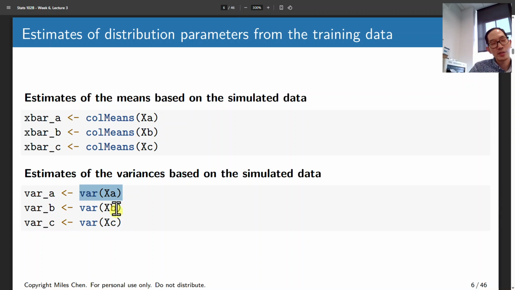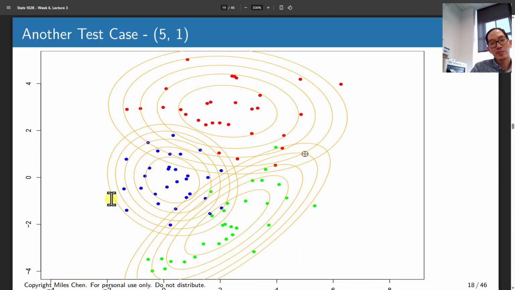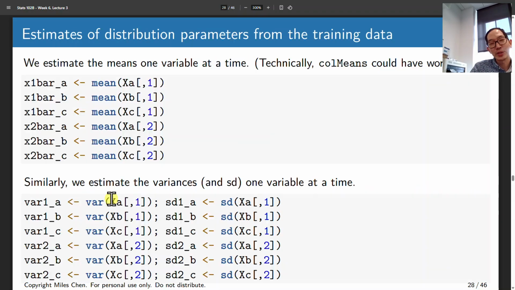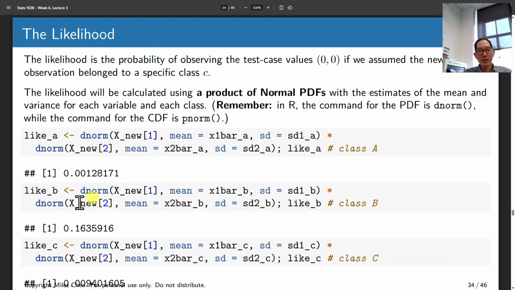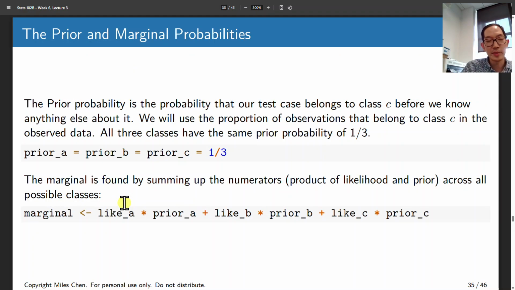So it's, I guess, 3 unique terms being estimated here, and over here, for class A, there's only 2 unique terms that we're estimating. Okay, but anyway, all to say, this is how we calculate our likelihoods. We take the product of univariate normal densities, and we multiply them together, and we add them up.